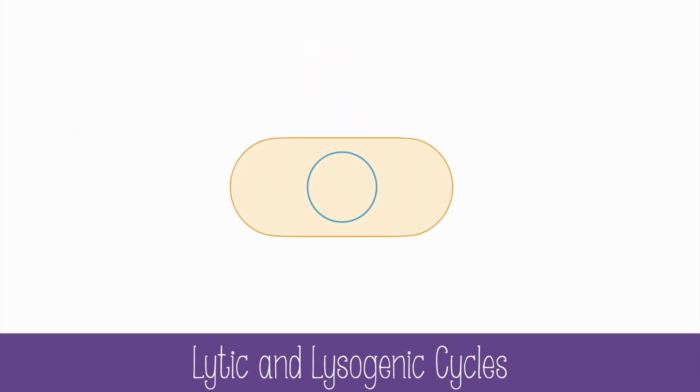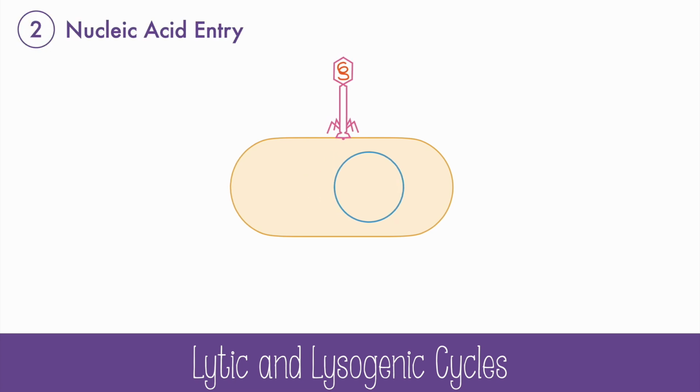In both cycles, the first step is viral attachment. Proteins at the tip of the virus bind to the membrane proteins on the cell. Then, the nucleic acid must be inserted into the cell. In the case of this lambdaphage virus, viral DNA is inserted.